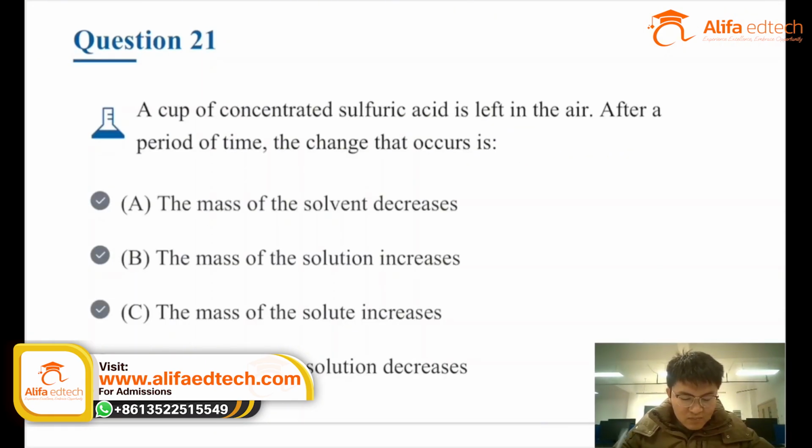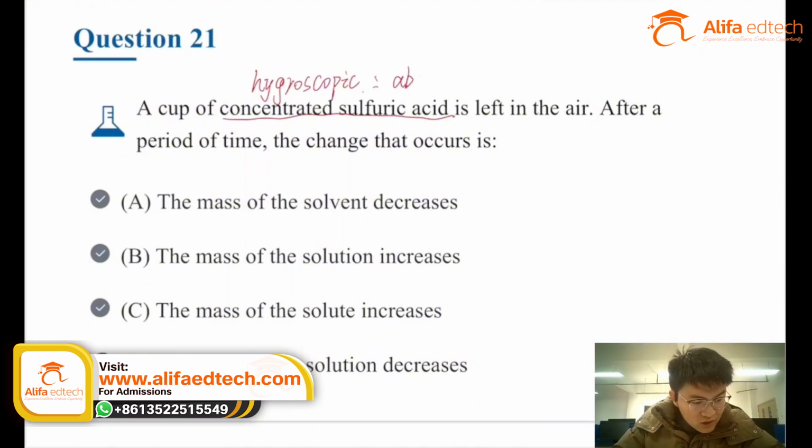Question 21. A cup of concentrated sulfuric acid is left in the air for a period of time. What change occurs? The question says the concentrated sulfuric acid is exposed to air, so it shows one of its most obvious characteristics, water absorption. That means it absorbs water vapor from the air.